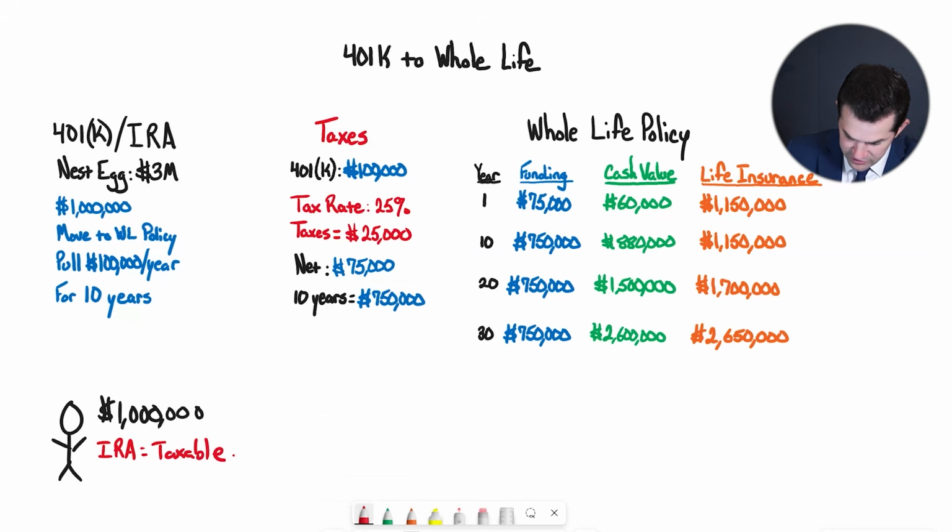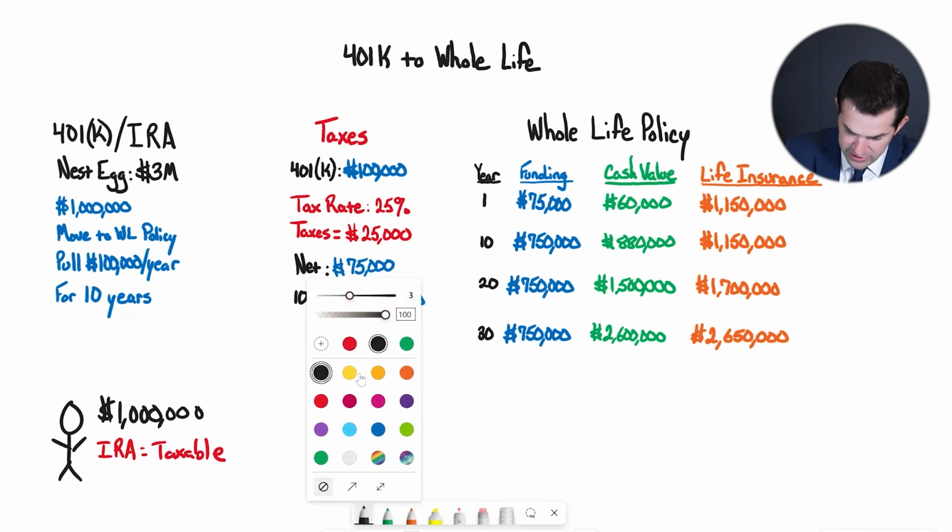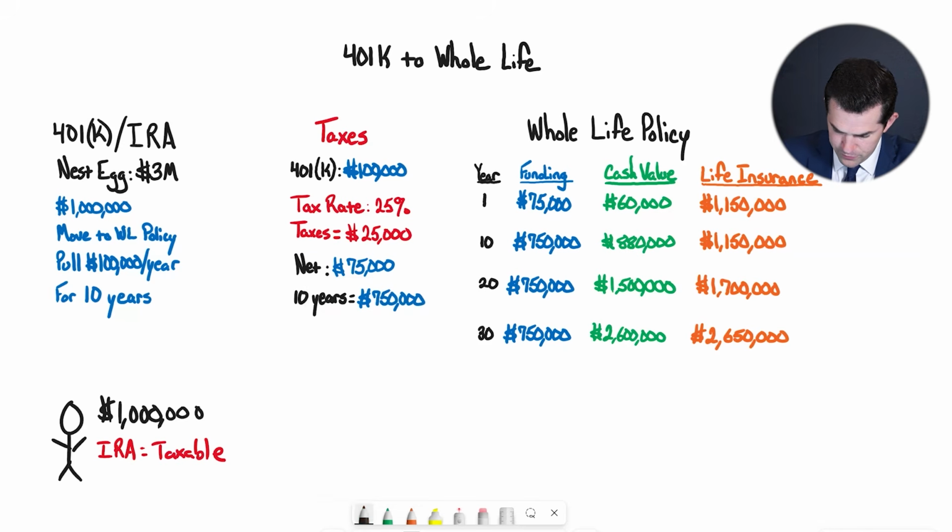And you might have more than this $1 million in retirement funds as well. So you look to move that into a whole life insurance policy at $100K per year.